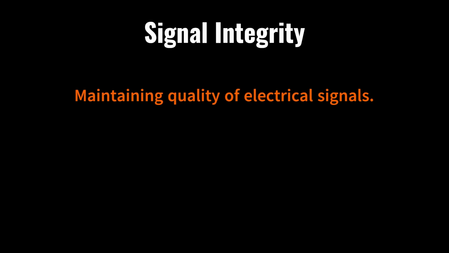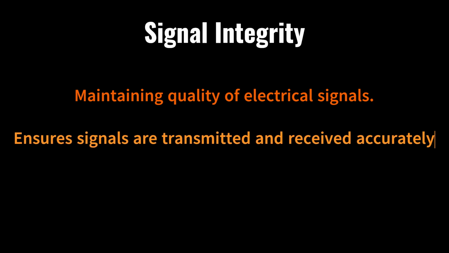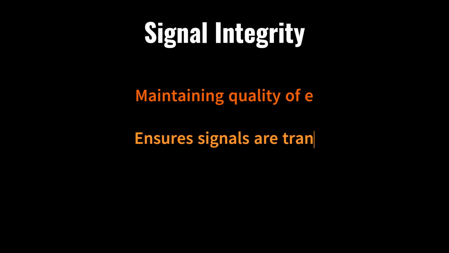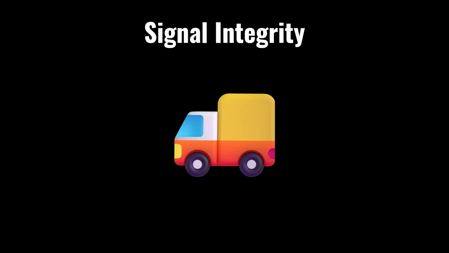Moving to the next, signal integrity. Signal integrity refers to maintaining the quality of electrical signals as they travel through traces on a PCB. It ensures signals are transmitted and received accurately without distortion, noise, or delay. Think of it like delivering a package. If the path is bumpy or crowded, the package may be delayed, damaged, or lost.